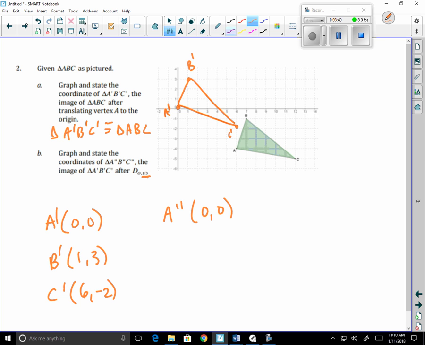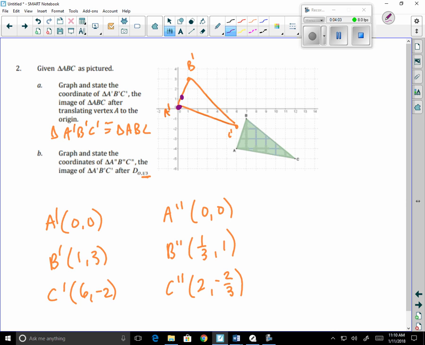It's going to be in the same exact location. B double prime is going to become 1/3, 1. If I go 1/3, 1, it's going to be like here. Estimate the 1/3. And C double prime is going to become 2, negative 2/3.